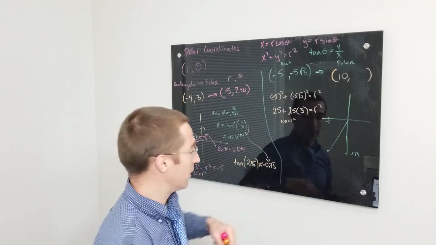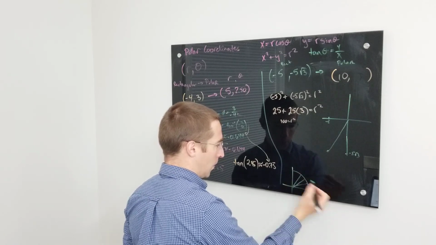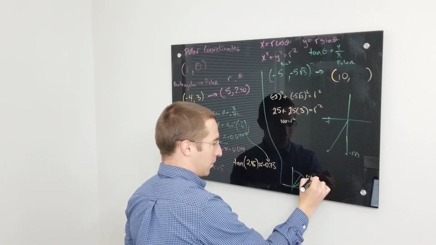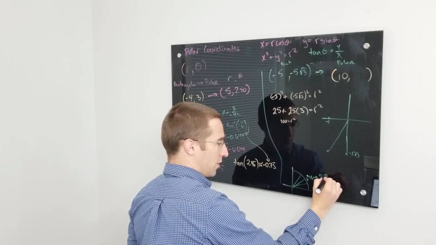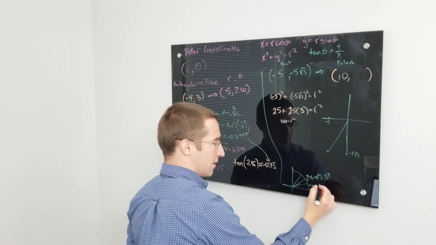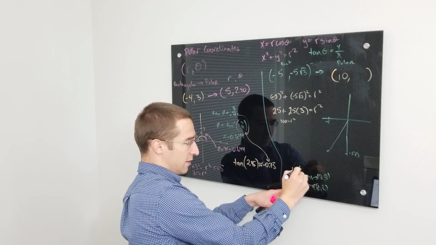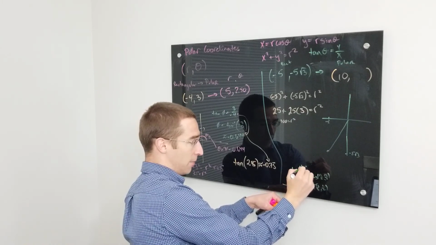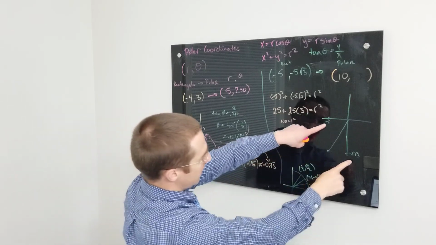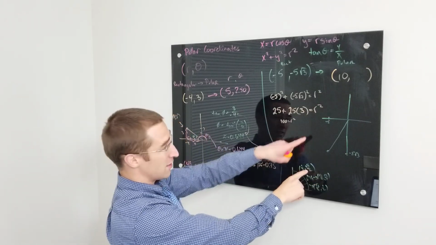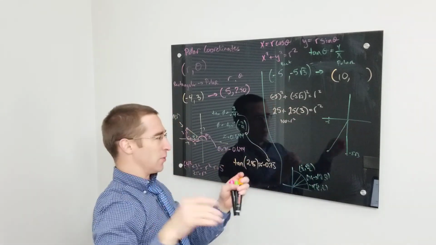We know that because pi over 4 is root 2 over 2, root 2 over 2. This is root 3 over 2 comma 1/2 at pi over 6, and here we've got 1/2 comma root 3 over 2. If I take 10 times that, I get those numbers, but positive.